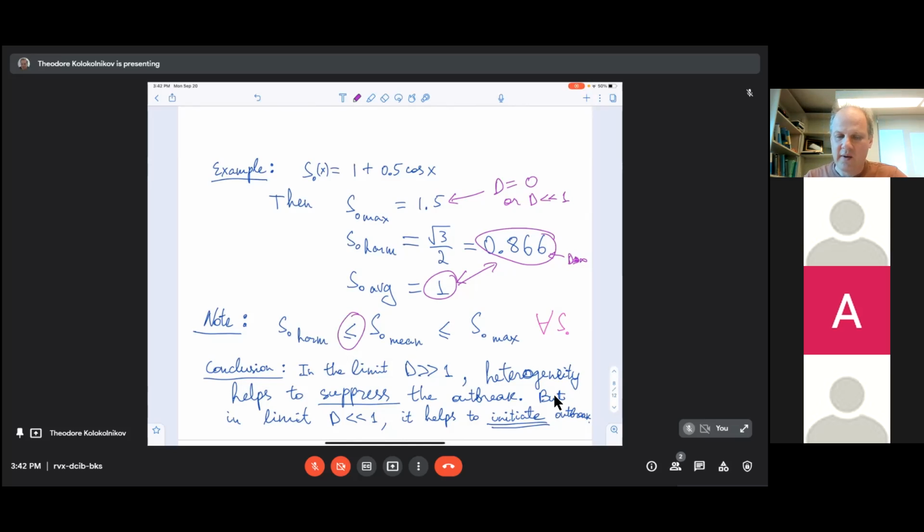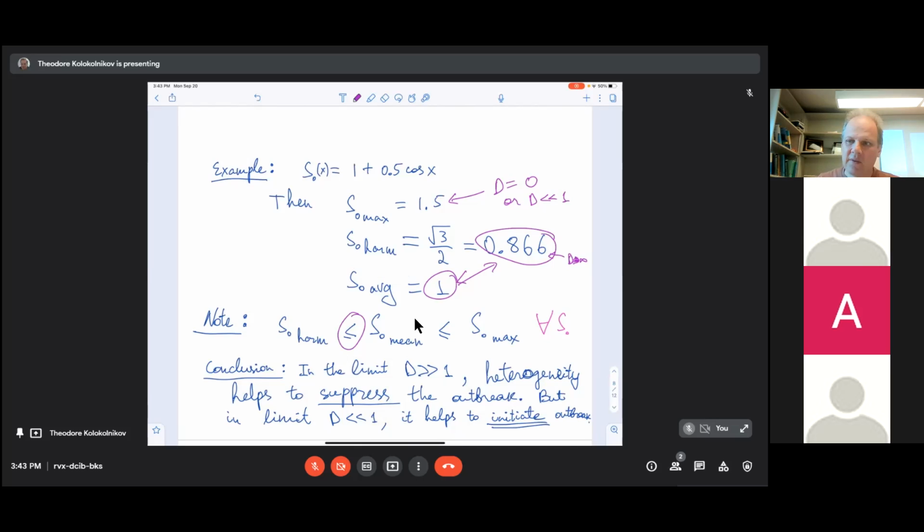So that means that if you have a very heterogeneous population, in the limit of very large diffusion, that heterogeneity can help to suppress the outbreak, because R0 is essentially proportional to S somehow. When you use the harmonic average rather than just the arithmetic mean, it brings down R0. So a very heterogeneous population can help to suppress the outbreak.